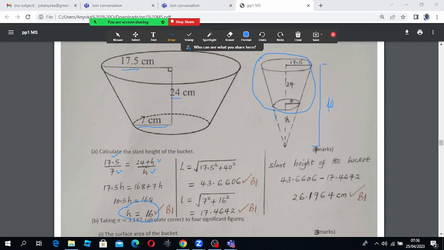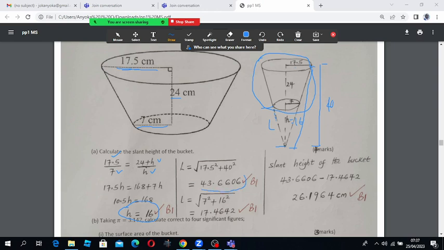So when you now have 40 and you have this one as 16, we can find the two slant heights. The one slant height for the small cone that was cut off, and another slant height for the complete cone. So we use Pythagoras theorem. 17.5 squared plus 40 squared gives us the slant height squared.